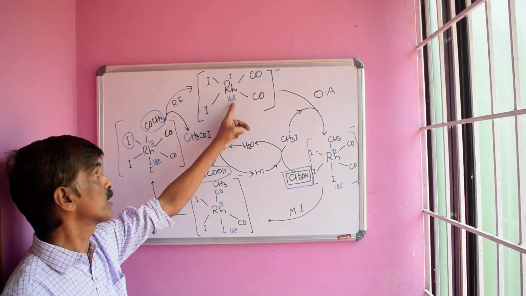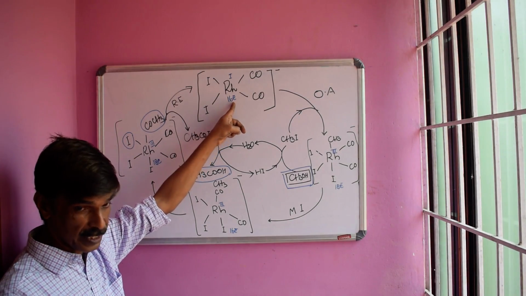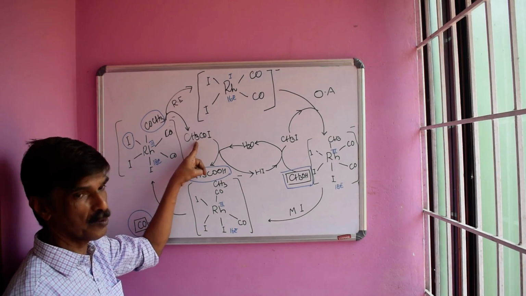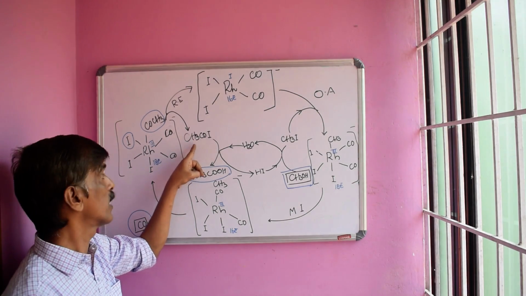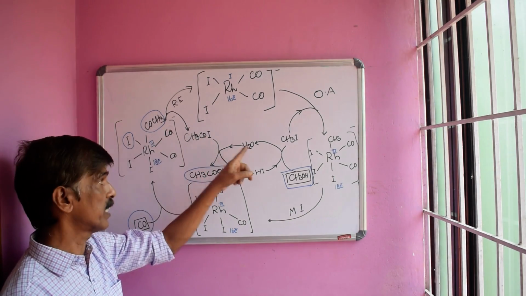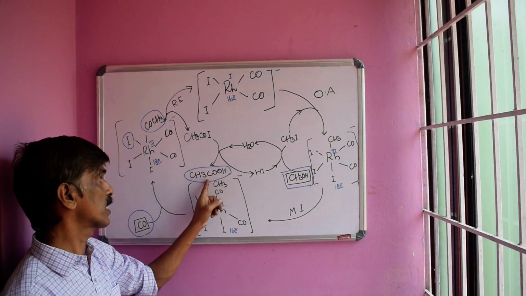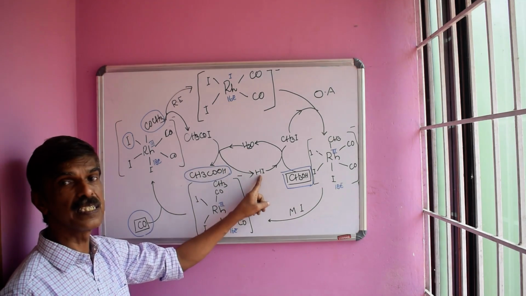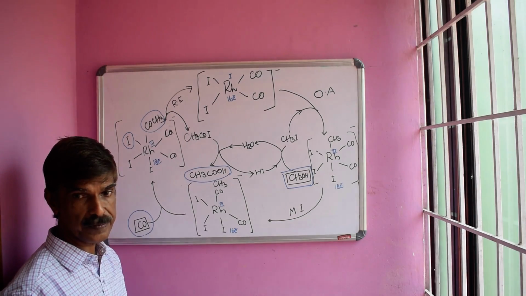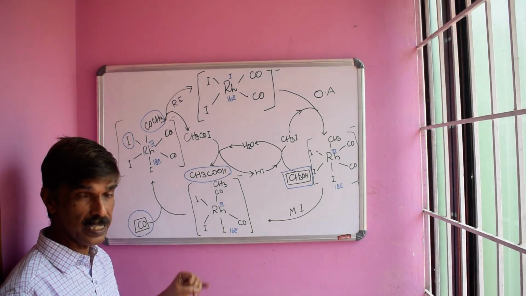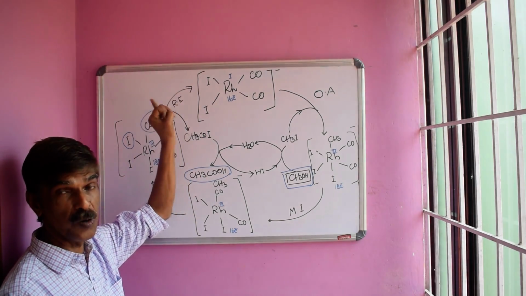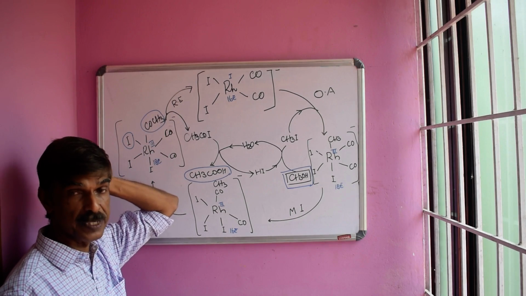One is the original catalytic species, the other one is the product acetyl iodide. Acetyl iodide is hydrolyzed into acetic acid, and during this process HI is produced. Okay. This is the catalytic cycle involving the Monsanto acetic acid process.